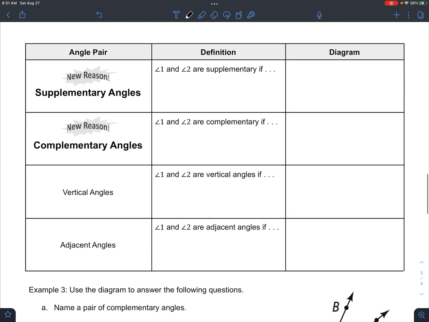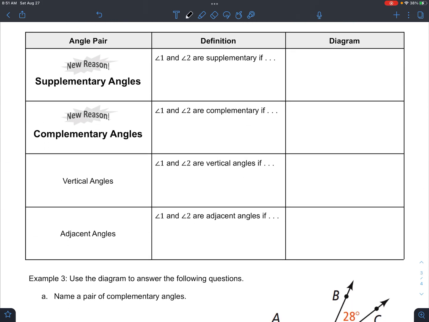Okay, so the second part of the notes are the definitions of the angle pairs. If 1 and 2 are supplementary, that's the new vocab word, which is in the top 3 for this class. We'll use supplementary all the time. They're supplementary if the measure of one of them plus the measure of another is 180 degrees.